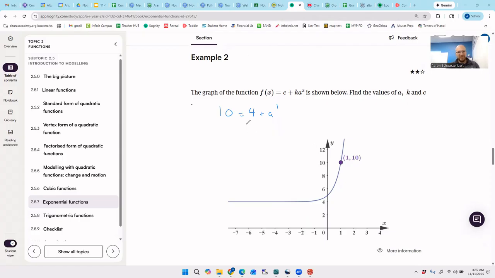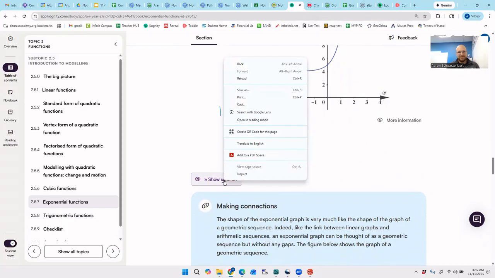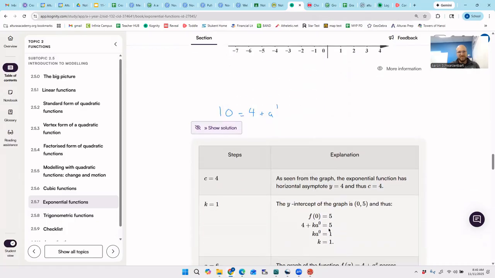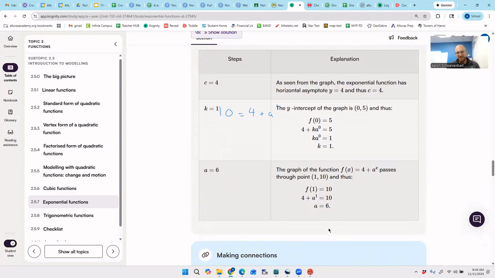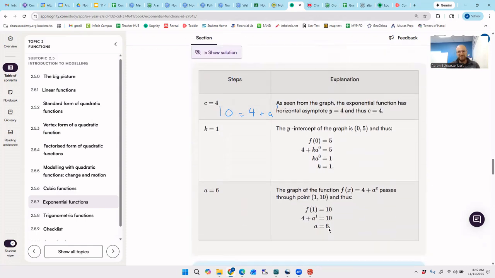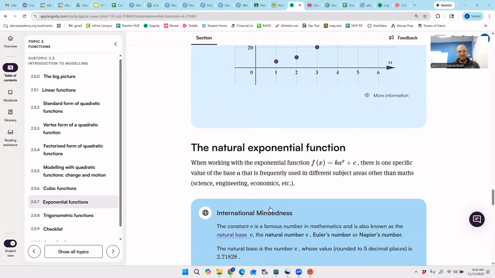And it looks like the y-intercept is 5, which would make the A 1. Yes. Okay, you are allowed to assume those things. So A was 6. I don't think I can solve it if I'm not allowed to assume those.